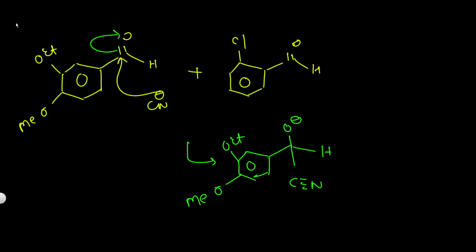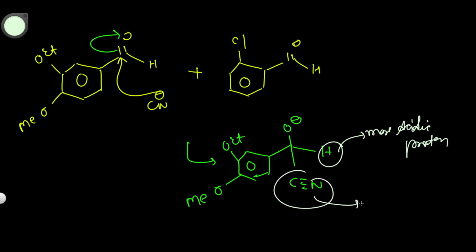And we also know that this hydrogen is a more acidic proton due to this minus I group, right, and that's why this O minus will take the proton of this.